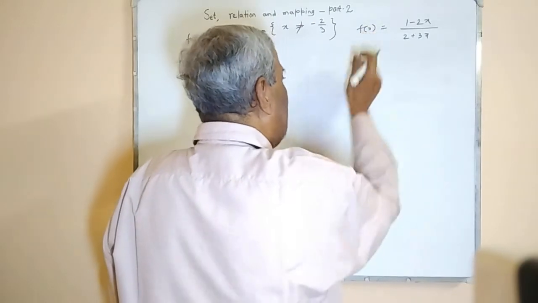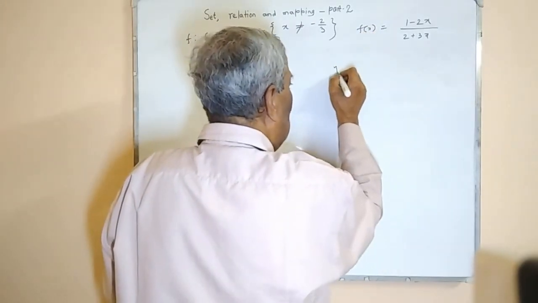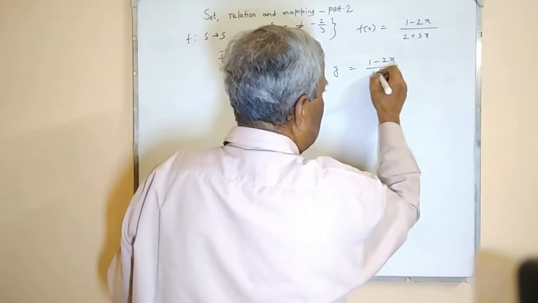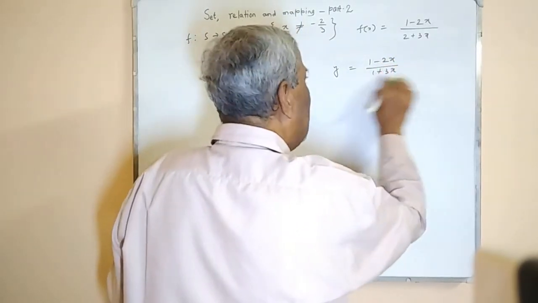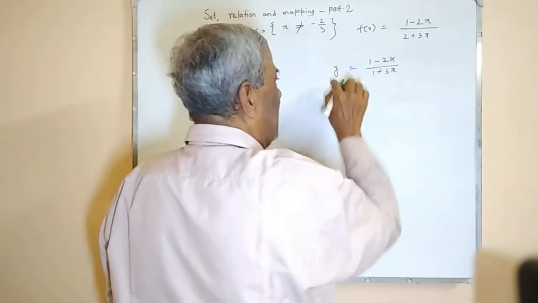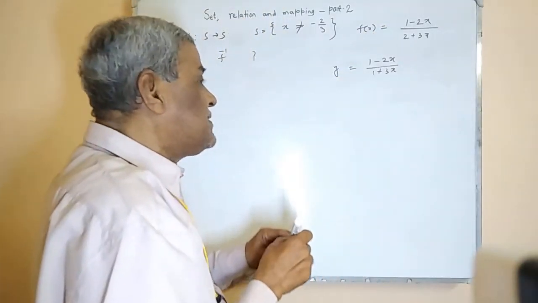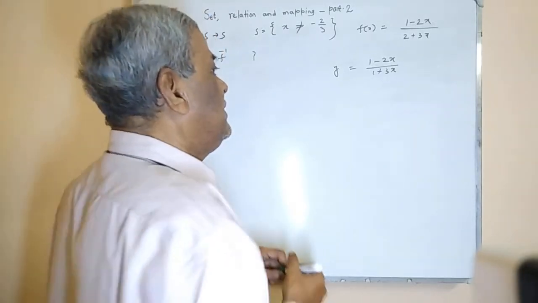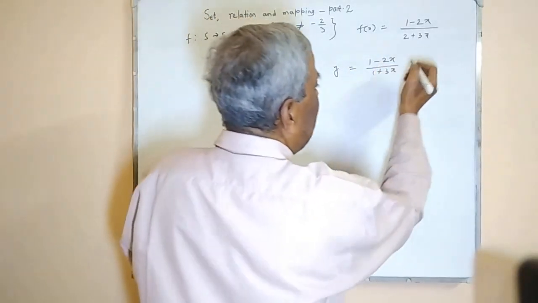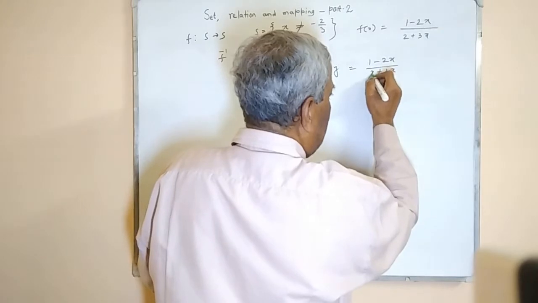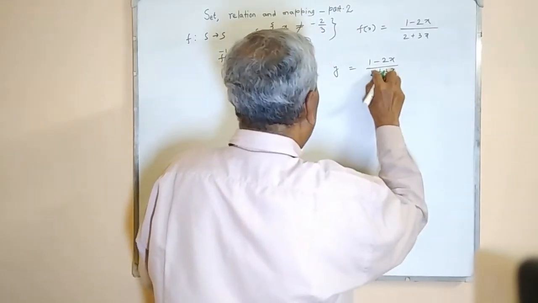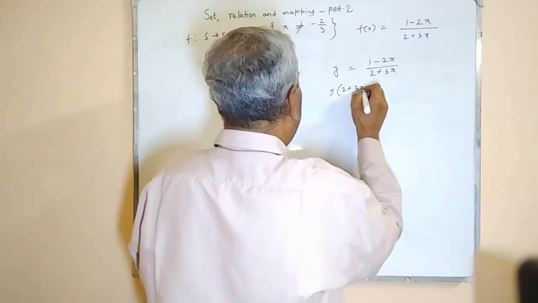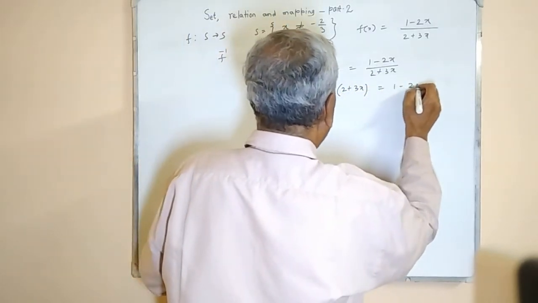If we take f(x) equal to y, this is (1 - 2x)/(2 + 3x). From this relation, taking this as y, solve x in terms of y. That will be the inverse function. So y into (2 + 3x) is equal to 1 - 2x.